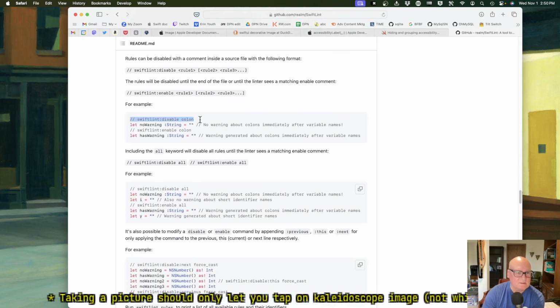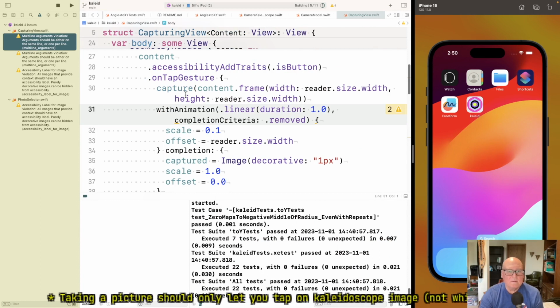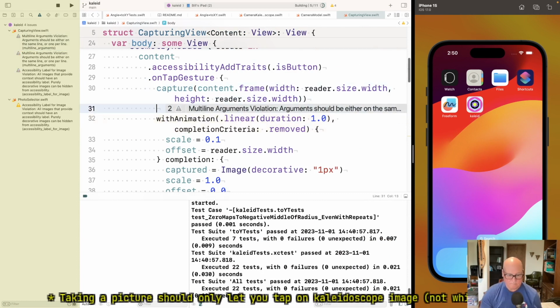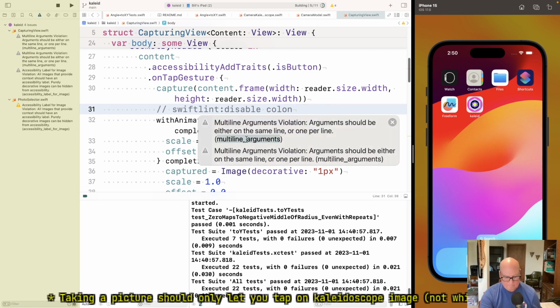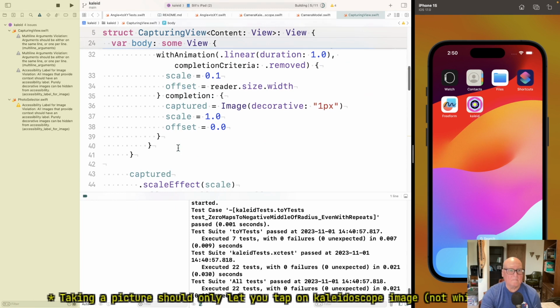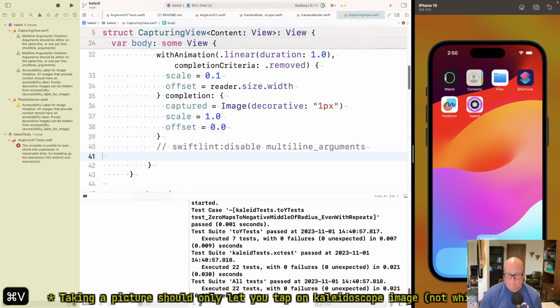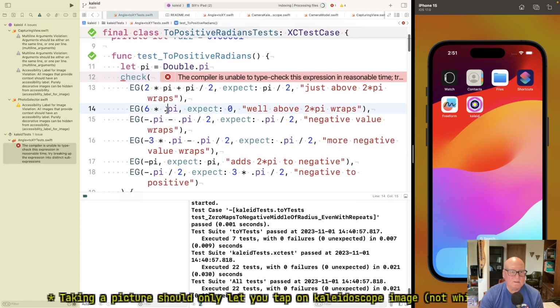Disable rules in code. That's what we want. Yep. So this one, yes it is. Okay, let's make these all the same.